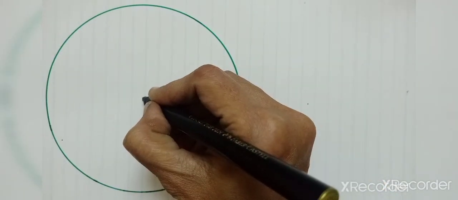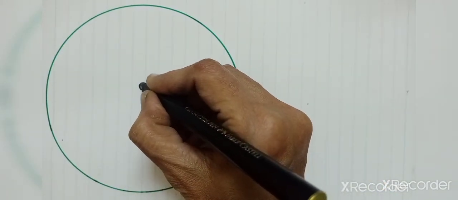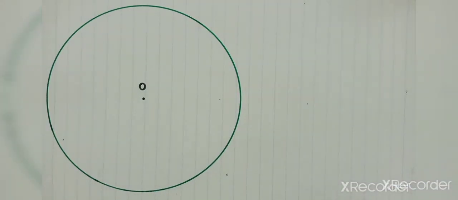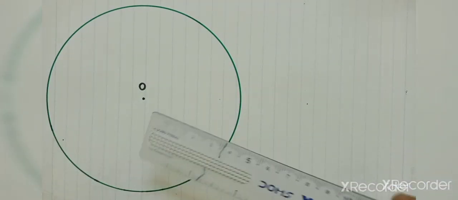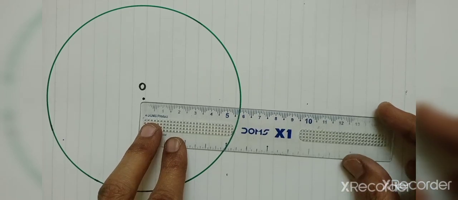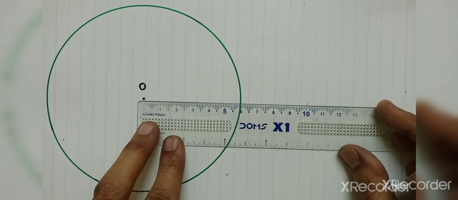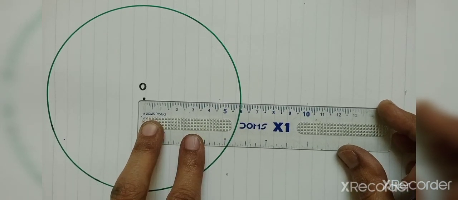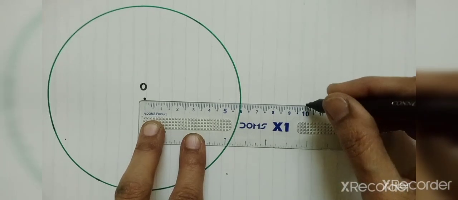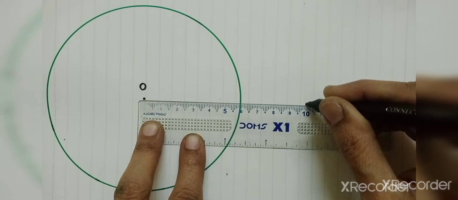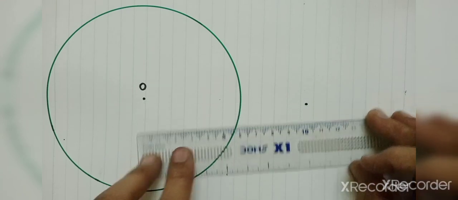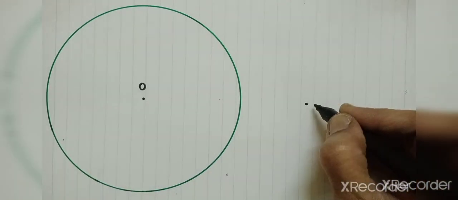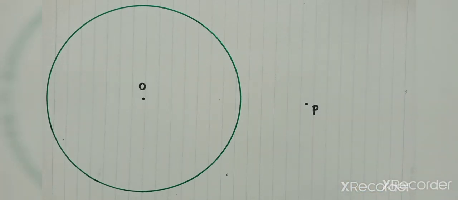Now let us name this center as point O. Now from this point O, we have to take one point which is at a distance of 10 centimeter away from the center. So this is 10 centimeter distance. Let us name this point as point P.